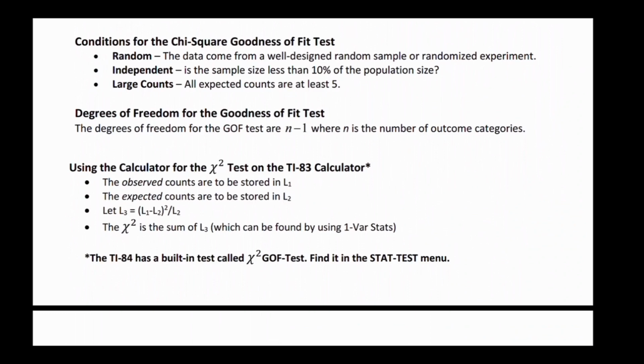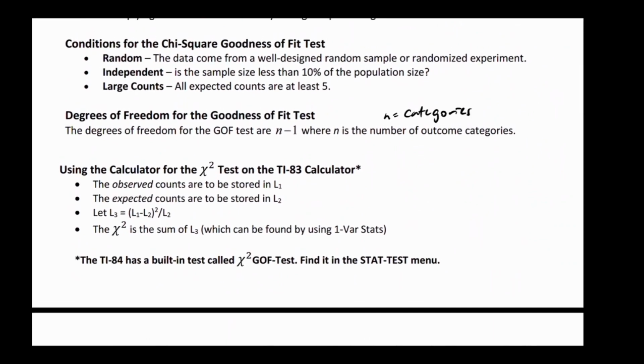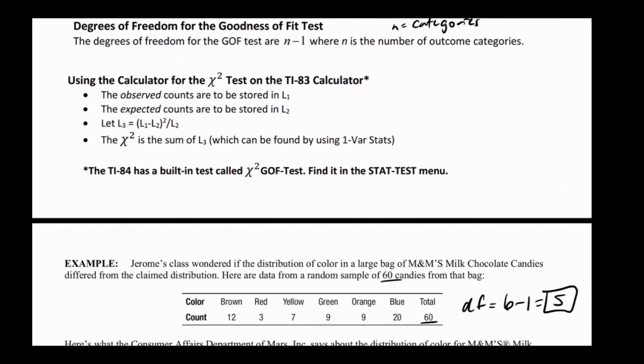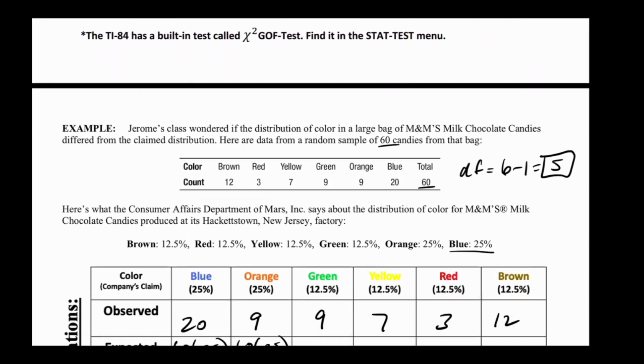Degrees of freedom is n minus 1, with n being the number of categories. It won't be sample size. It's one of the differences. How to use the calculator, I'll show you when we get back to class.